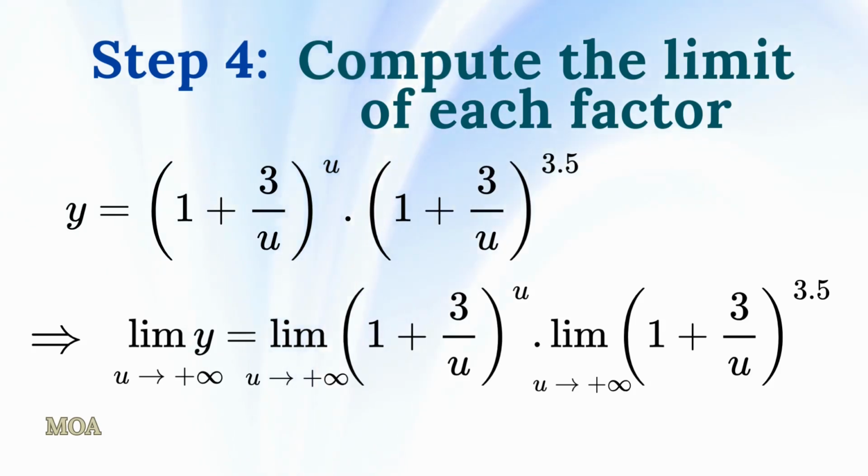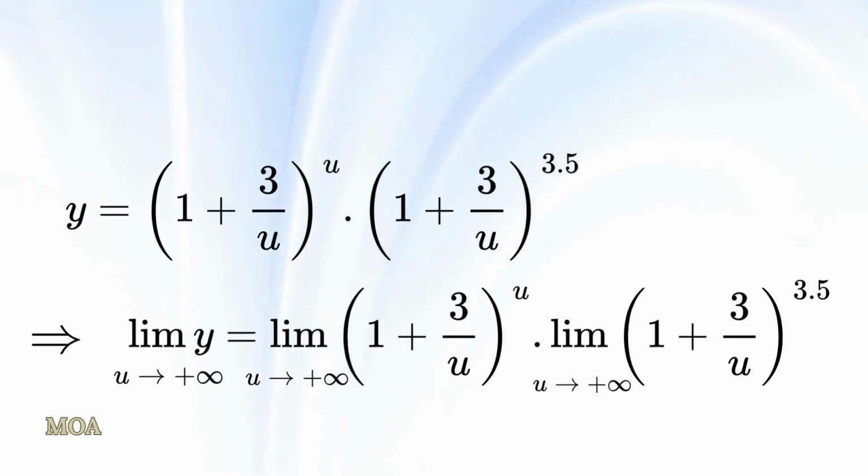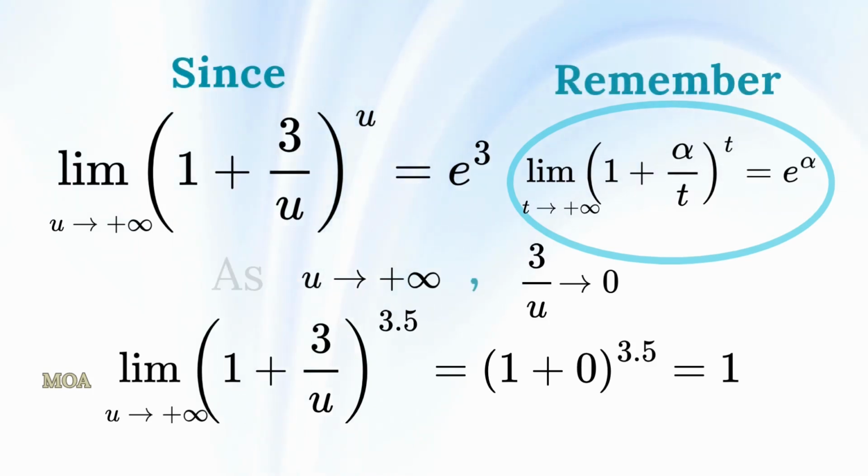At this step, let's move to computing the limit of each factor. We know that (1 + 3/u)^u approaches e to the power 3 as u goes to positive infinity. Students can see a detailed explanation of this key limit in Math Olympiad Academy, MOA Lesson 10.